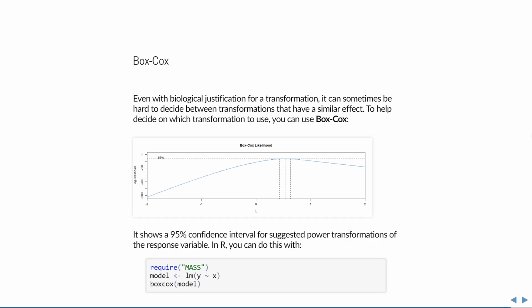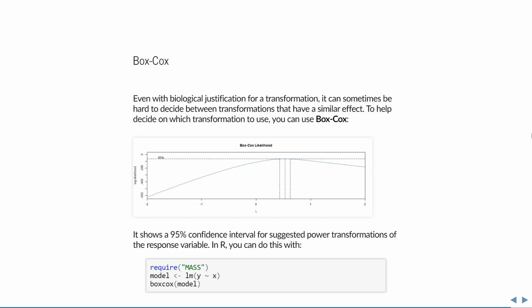So even if you have a justification for transformation, it can sometimes be hard to decide between candidate transformations that have a similar effect. For example, the logarithm and the square root both incur a plateau in the data, but which is better is not something that you can easily answer. So to help decide on which transformation to use, you can use the Box-Cox set of power transformations.